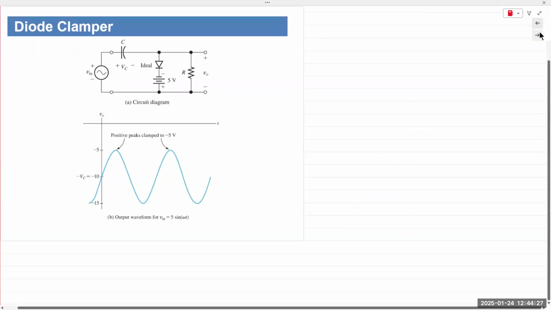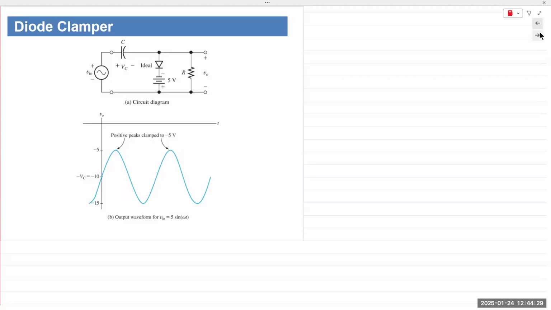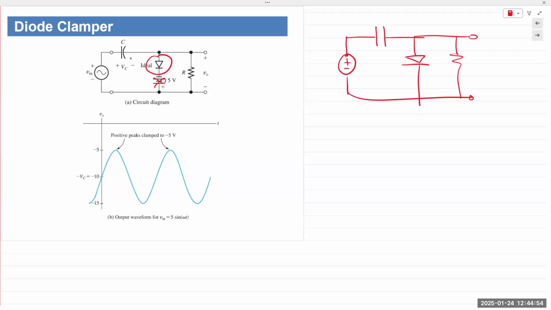Okay. Wow, 44. All right, diode clamper circuits. So let's go through this one a bit more quicker. So I'll explain in very quick and general terms what happens. You have this diode right here in the positive half and the positive direction. Ignore the battery for now. Let's say you simply have a capacitor. You have a capacitor and you have a diode like this, and it's connected to an output load resistor, right?